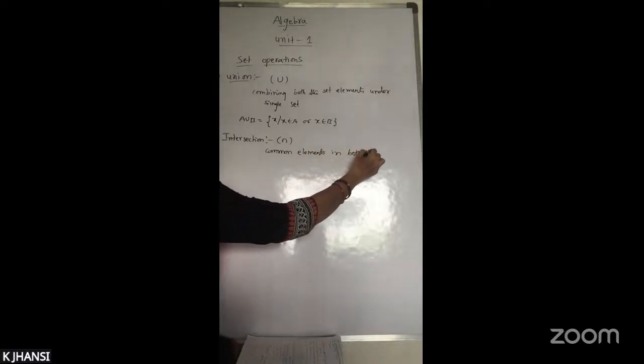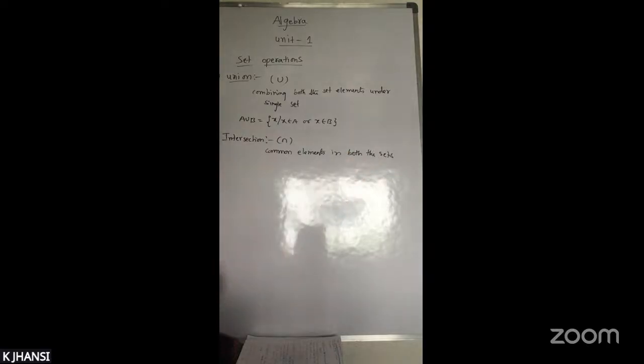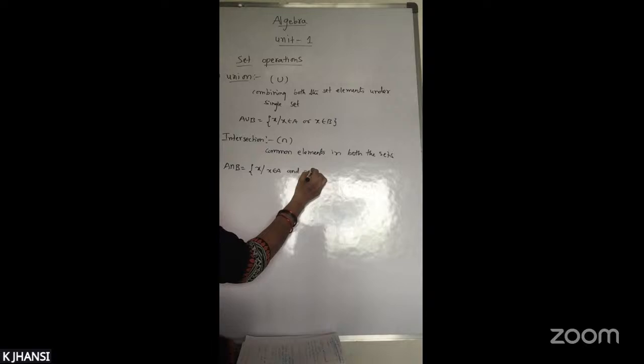Usually the definition in the textbook is that the intersection of A and B is defined as a set whose elements belong to both A and B. We can write A intersection B as {x such that x belongs to A and x belongs to B}. Whatever common elements are there in both A and B can be written as A intersection B.